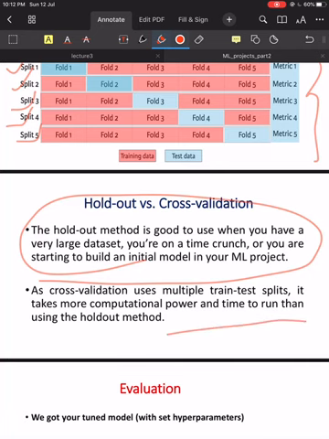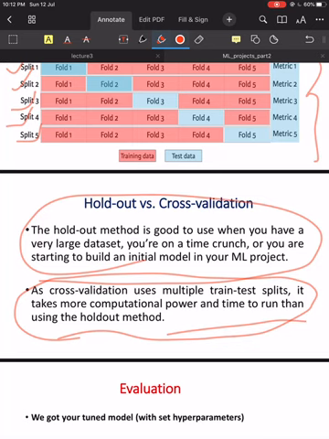So this is one drawback of the cross validation method. It requires more computational power and more time to run than the holdout validation method, because it uses multiple train and test splits.